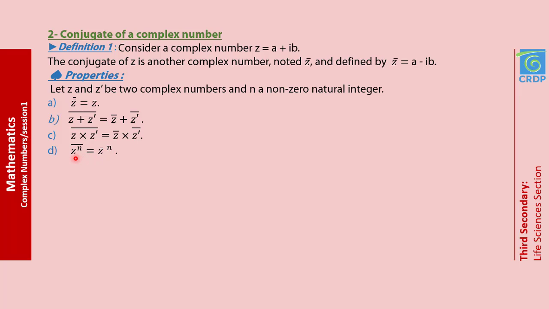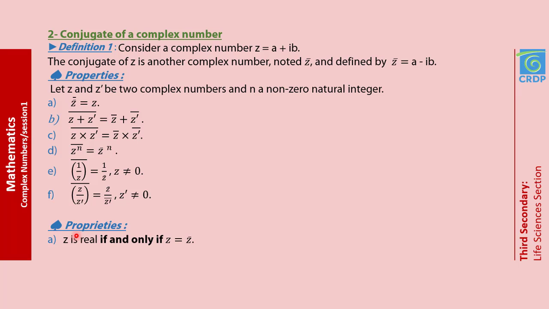The conjugate of z to the power n equals z bar to the power n. The conjugate of 1 over z equals 1 over z bar when z is different from 0, and the conjugate of z over z prime equals z bar over z prime bar when z prime is different from 0.